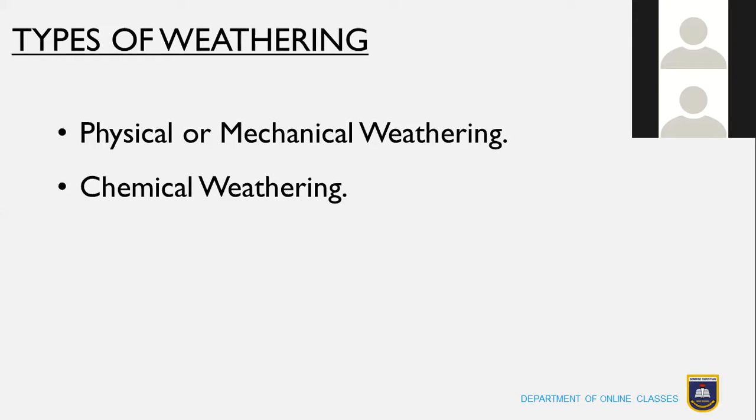We are likely to add the biological weathering to the physical or the mechanical weathering because of the process involved, whereby plants' roots find their way into rocks, breaking them apart. Activities of man interfering with rocks lead to rocks being broken up.